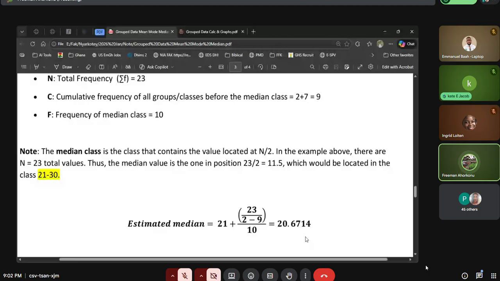When we find the median class, we still got 21 to 30. So when we calculate the mean, it will be in that class. When we calculate the median, it will also be in that class, and the mode is also there. They all belong to that class.